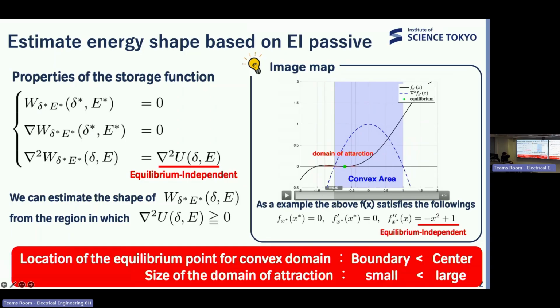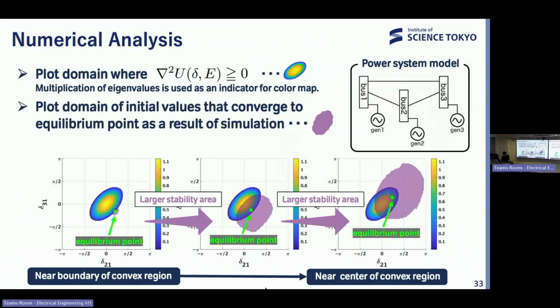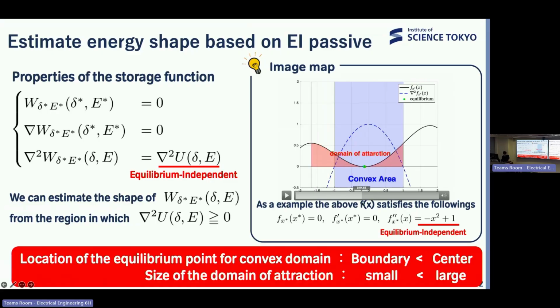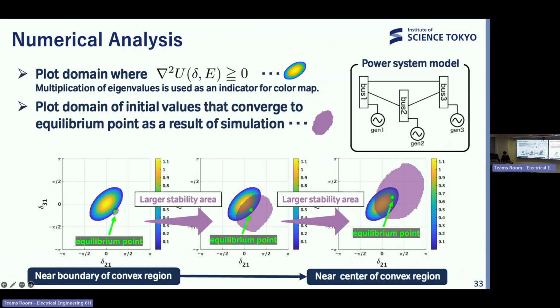If the equilibrium point is located near the bound of the convex area, the domain of attraction is very small. But on the other hand, if the equilibrium point is set near the center of the convex area, the domain of attraction is largest.